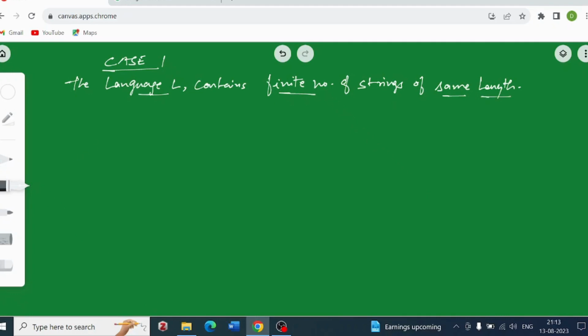For example, the language of the automata contains strings of length 1 only, that is, all strings are of length 1, or the language contains strings of length 2 only, or strings of length 3, and so on.